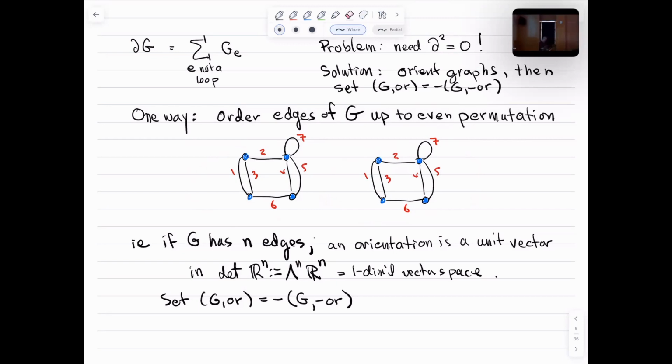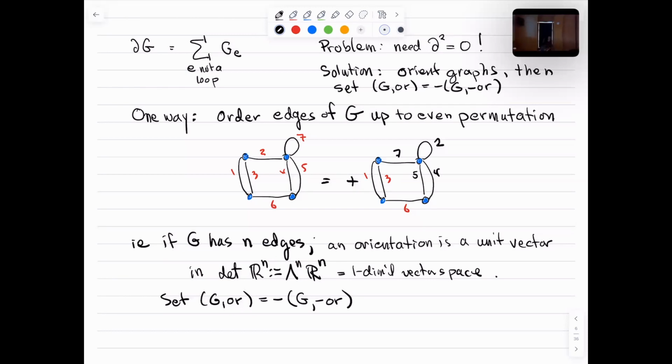See if I can do this in real time. 7, 2, that's an odd permutation. And if I do another one, that's an even permutation. Okay, so a graph has 2 orientations.